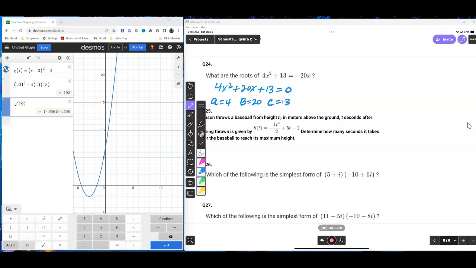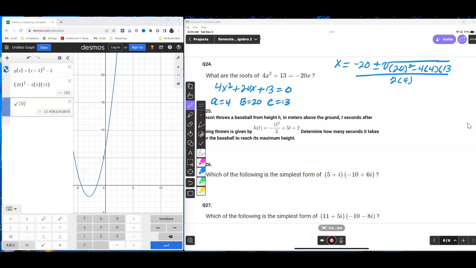And then you're going to use the quadratic formula. So you have X equals negative B, which is negative 20, plus or minus square root of 20 squared minus 4 times A, which is 4, times C, which is 13, divided by 2 times A, which is 2 times 4.